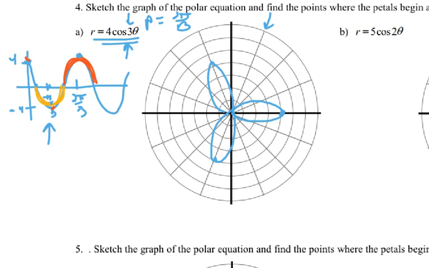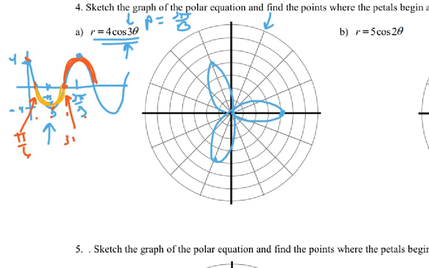When do I have a petal starting and stopping? Well, it's going to start and stop where it crosses this axis, right on that x-axis, or the theta axis, if you will. This first location is going to be pi over 6, so 1 pi over 6, 2 pi over 6, 3 pi over 6, 4 pi over 6, right?